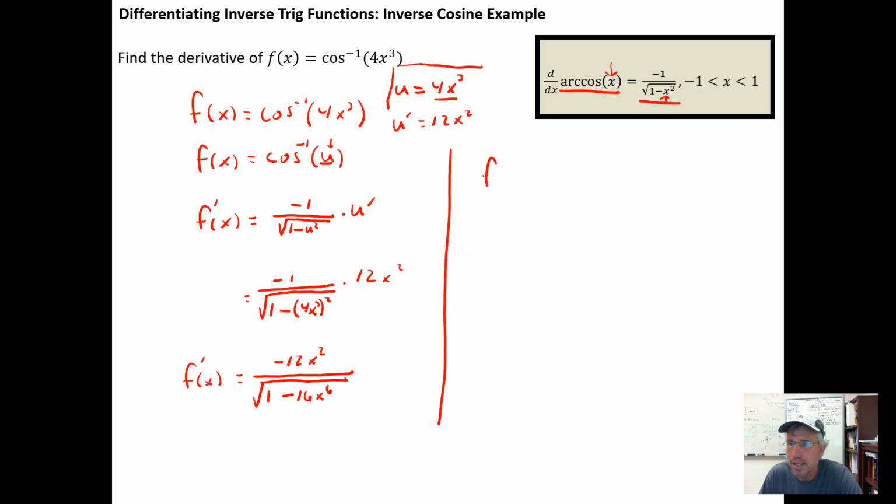Notice I did say that you don't need to use a u substitution to do this. So we had the cosine inverse of 4x cubed. We could just as easily have said, I'm going to take the derivative, f prime of x equals -1 over the square root of 1 minus the square of whatever is in the cosine inverse function.